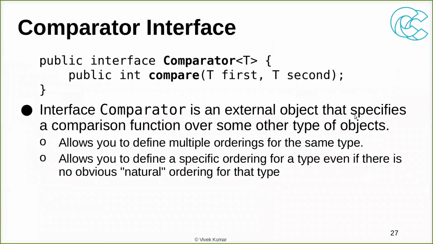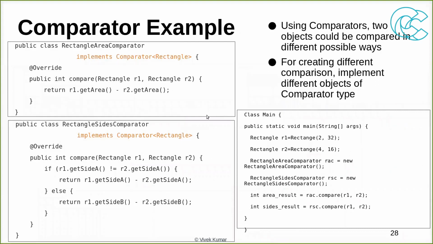But here that is not the case. You need to pass in the two arguments which you want to compare, R1 and R2. So if you want to compare R1 and R2, it will look odd.